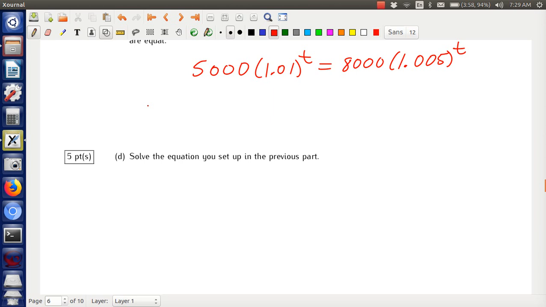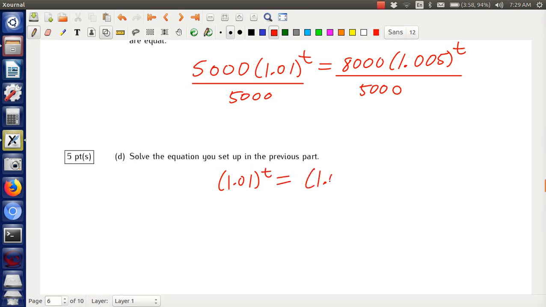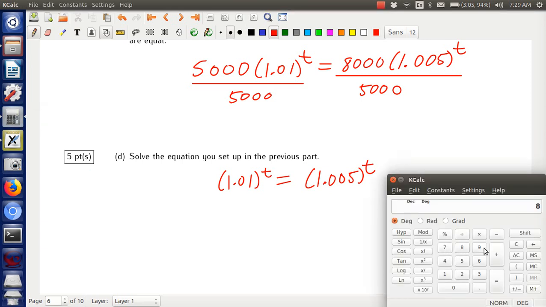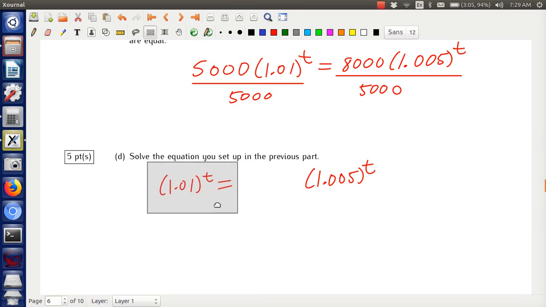Because I did 8,000 in the answer key, I'm going to divide by 5,000 here and find out what it looks like. What's 8 over 5? 8 divided by 5 is 1.6. So I should have put a 1.6 over here.